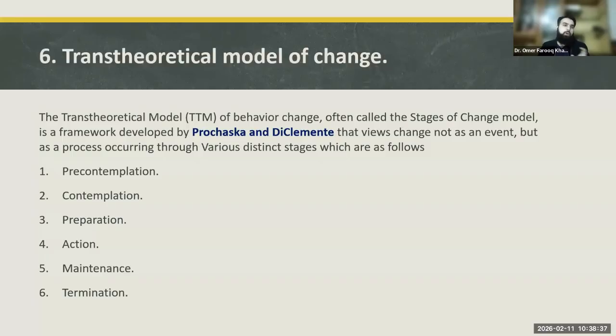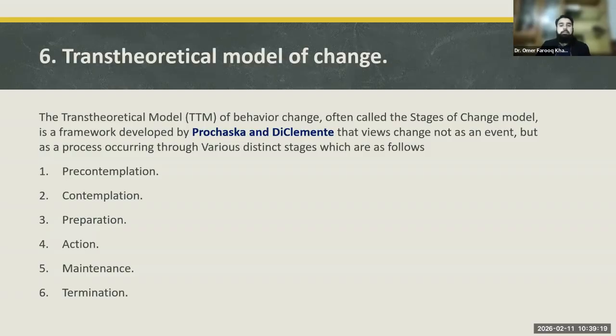So what this model states is that change is not an event, it's a process. It's not a single event that you stop smoking. No, it's not like that. If you have this bad habit of smoking or heavy alcohol drinking, then there should be a model of change, and you should know that you are following that model in order to stop smoking forever or stop drinking excess alcohol forever.